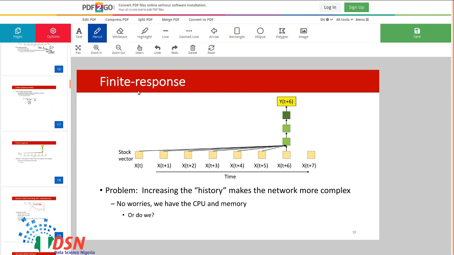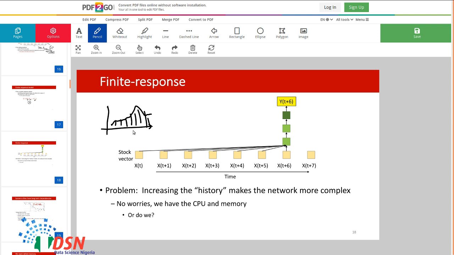Now let's say we want to consider more time steps. When you have a stock market, you have lots of different steps.